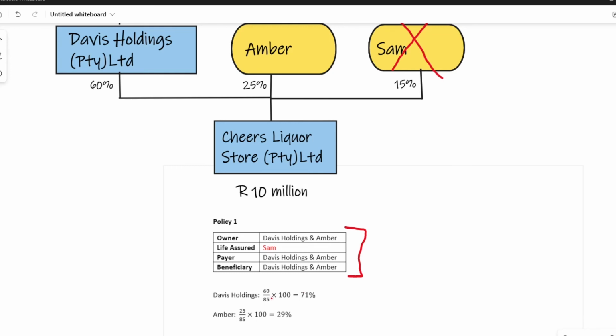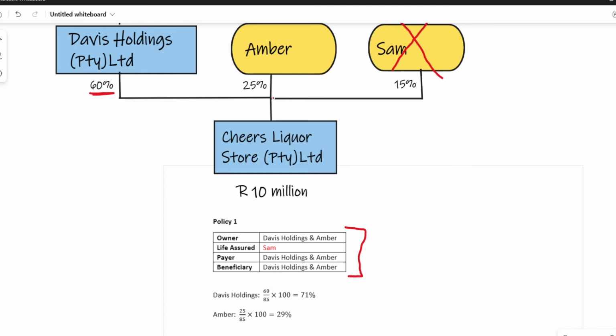So if you look at this policy, we know that it's held by the Davis Holding Company and Amber. The pair is Davis Holding Company and Amber, and so are their beneficiaries as well. So in order to work out this split, we know that Davis Holdings Company holds 60% shares in the company. So we put 60% in our formula down here.